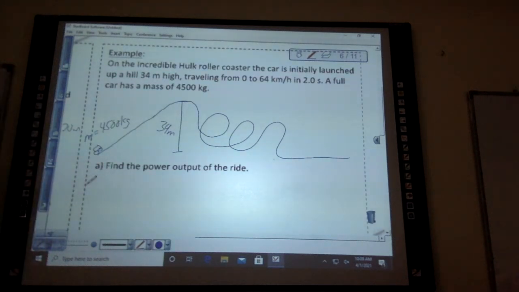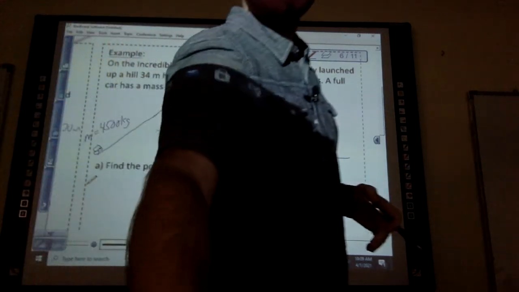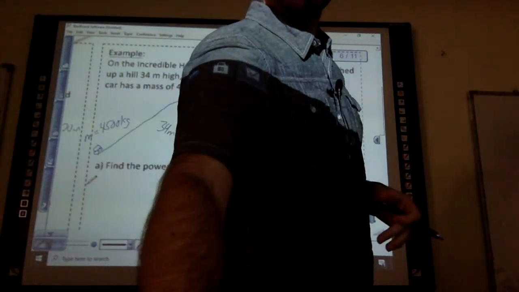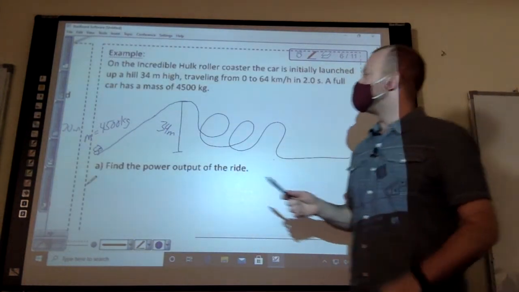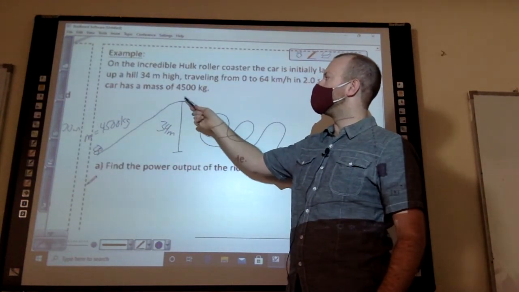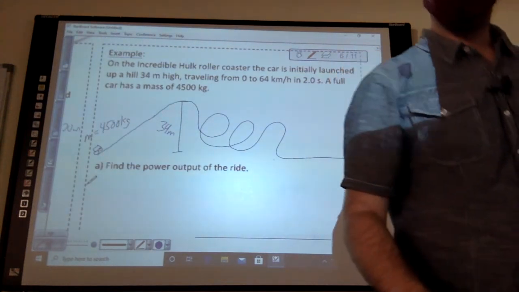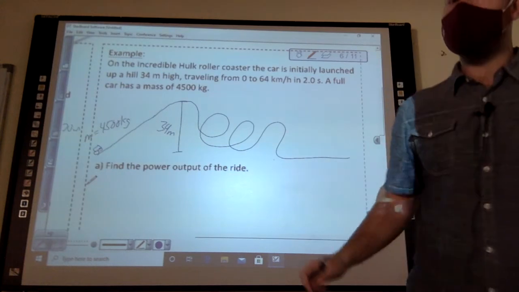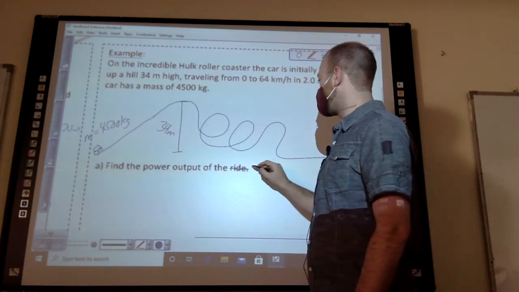So we want to know what's the power output of the ride. And this is why it's confusing with the power output, because we want to know the output of reaching the top. So not necessarily of the ride, but the output of the initial hill.